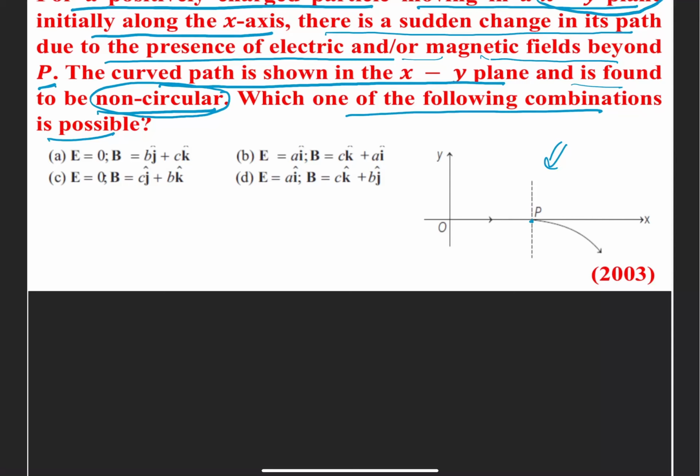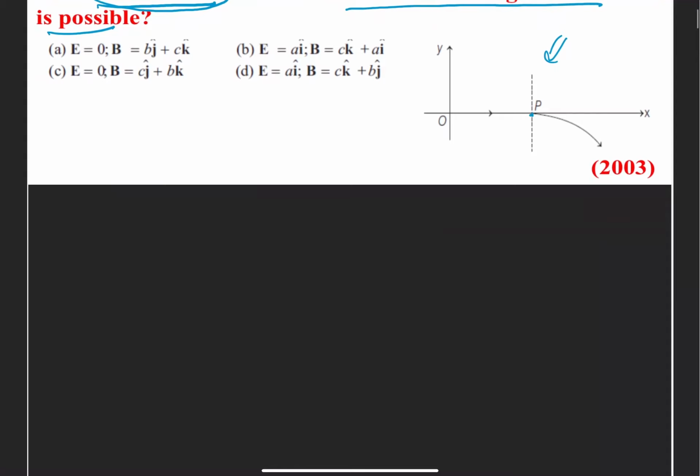And secondly, because it is moving in non-circular path, if a body is moving in a circular path, then only magnetic field acts perpendicular to the velocity. So it is non-circular, so it means both electric and magnetic field are acting on this particle. So we start from there only.